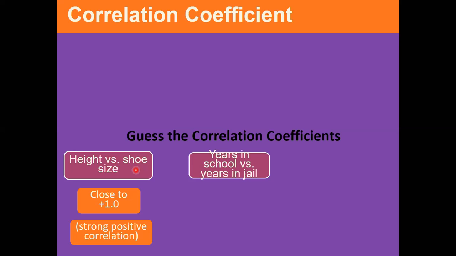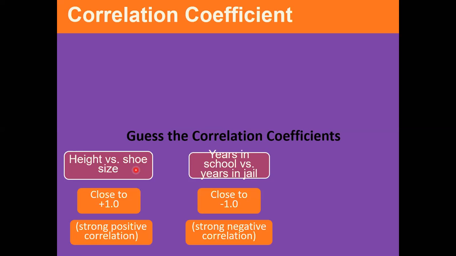Okay, well, textbook said close to a -1, close to a perfect negative correlation, or at least a strong negative correlation. Now, I'm going to question that. I haven't looked it up. I'm sure that it is a negative correlation, but I'm not so sure that it's that close to a perfect relationship.